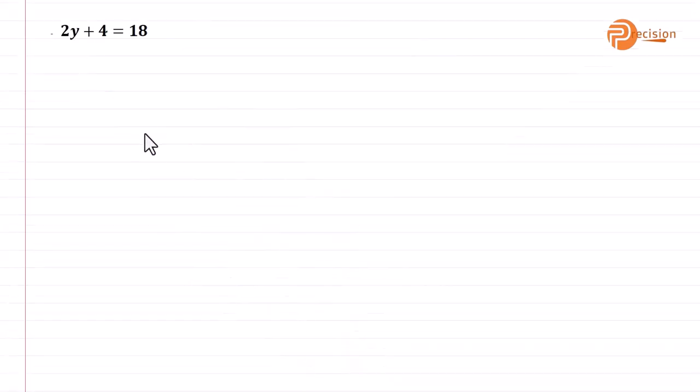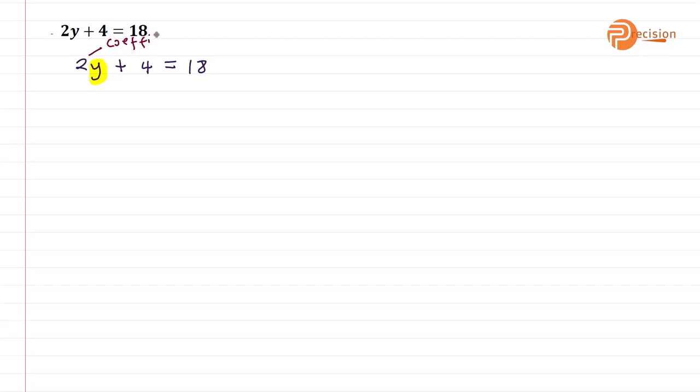Let's go. Okay, we'll have a question here that says 2y plus 4 equal to 18. Like always, you are solving for the variable, and here our variable is y. Remember, this is the coefficient.